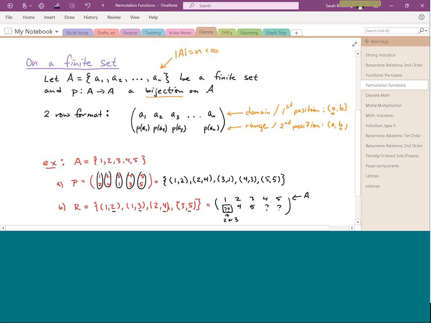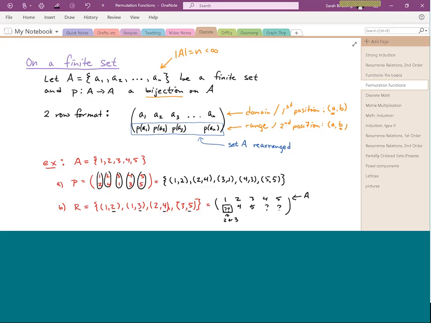All of these numbers right here in that second row, if you are a bijection, a 1-to-1 and onto function, this means that those are just the set A rearranged. And this is why it's called a permutation function. Remember back when we were in our counting topics, we talked about permutations, and to permute numbers meant you were just going to rearrange the order. That's where the name comes from.